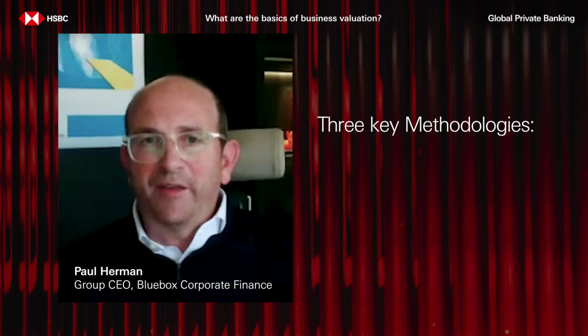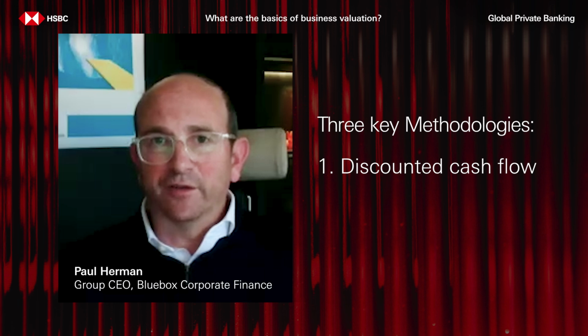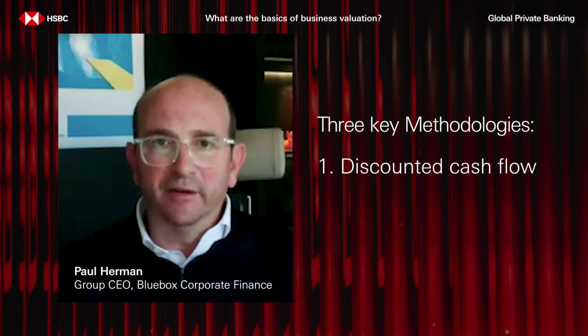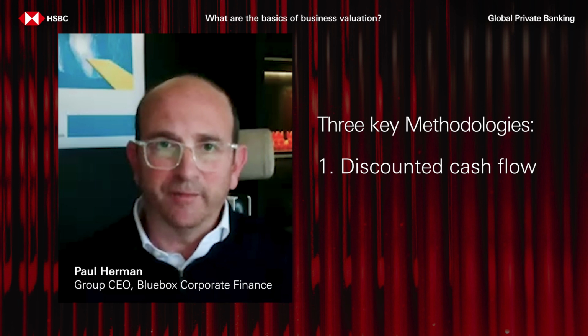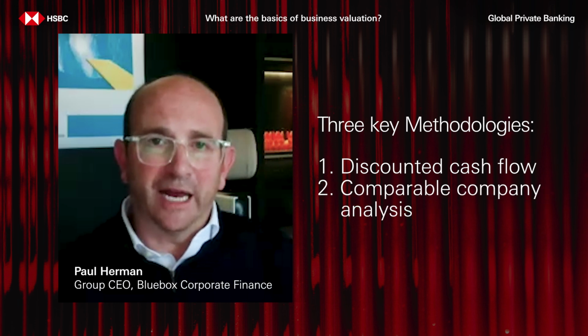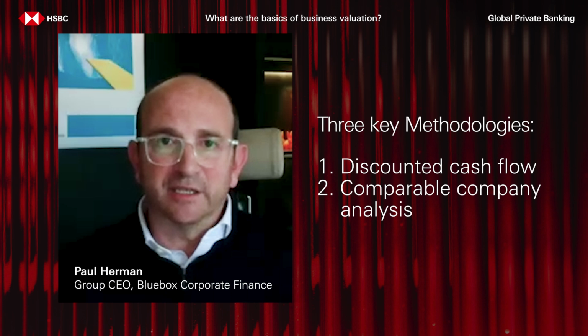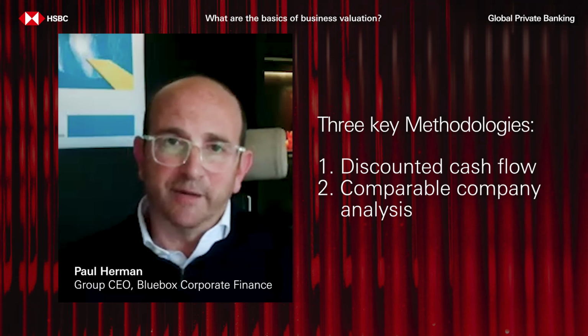So there are three key methodologies that are typically used to value a private business. The first is the one with mathematical integrity, and it's called a discounted cash flow, and it often results in a number called a net present value of all your cash flows in the future. The second methodology is using some comparable company analysis, where you look to benchmark your business against similar businesses that have either just been sold or are trading in the market.